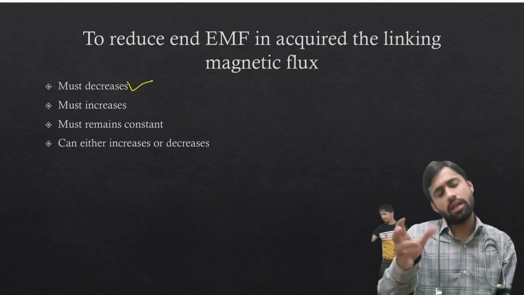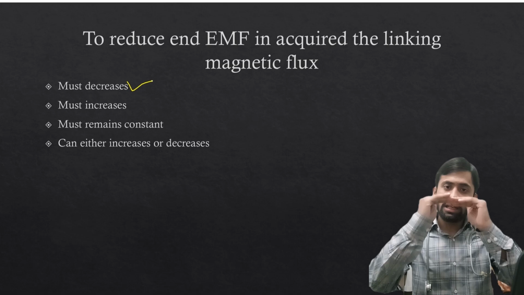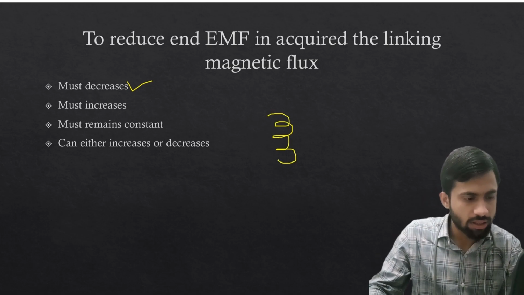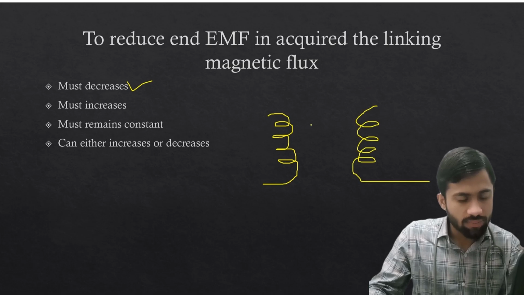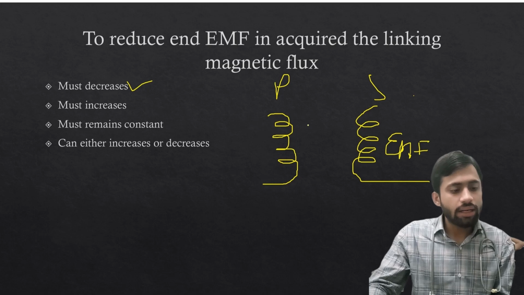In case we have to decrease the induced EMF, we need to decrease the level of linking flux. What I am basically trying to explain is that, let's suppose there are two coils, something like this and something like this. This is the primary coil, this is the secondary coil. If I need to reduce the EMF that is being induced in the secondary coil, I need to lower the flux that is linking it.